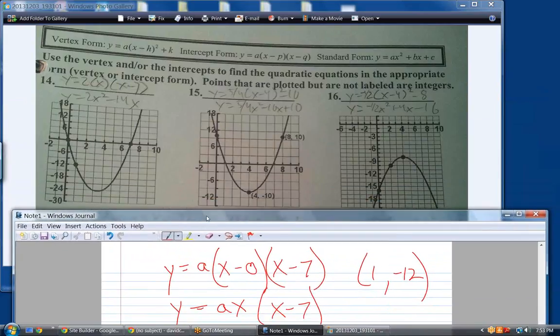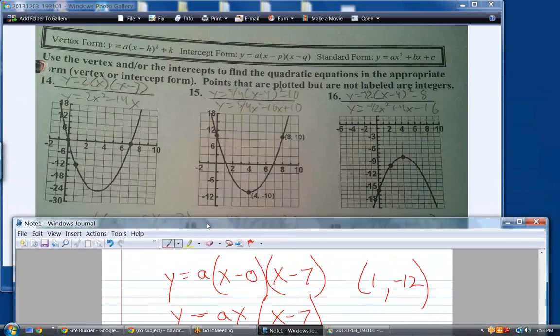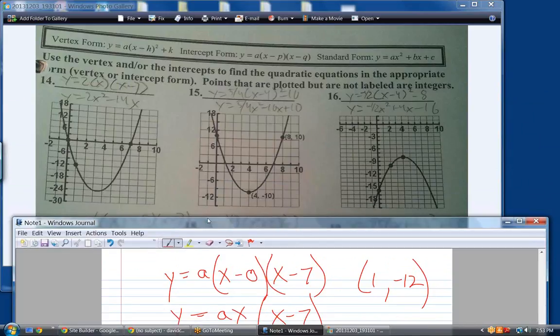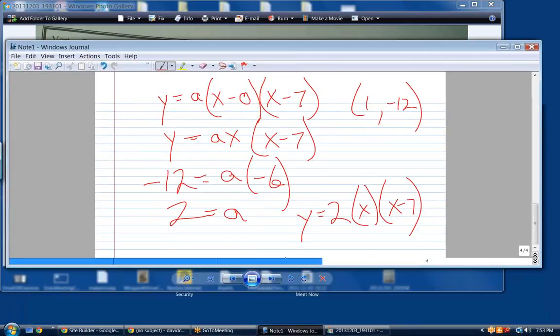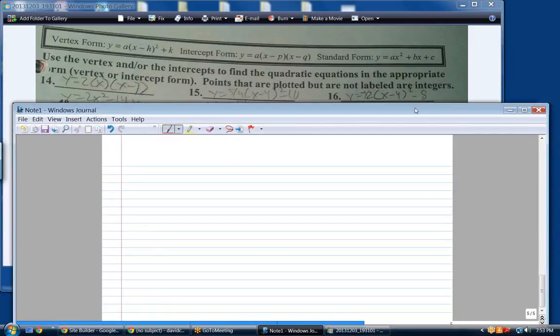Okay, let's look at 15. Which kind of format are we going to use on it? Vertex, because they actually give us the vertex and 2 other points. Actually, one of the points is a y-intercept, which helps. Vertex format is y equals a times x minus h squared plus k.